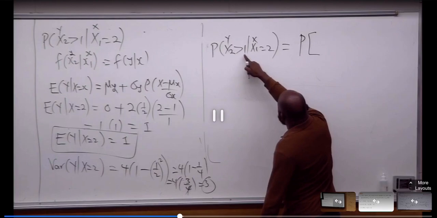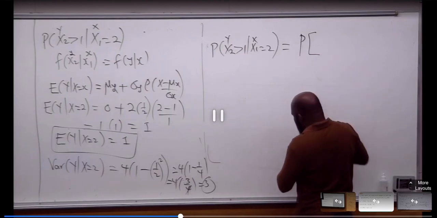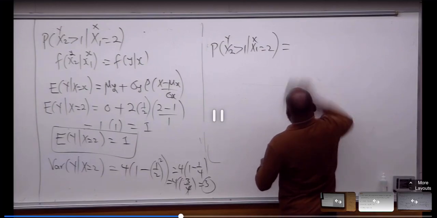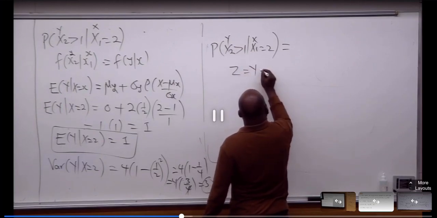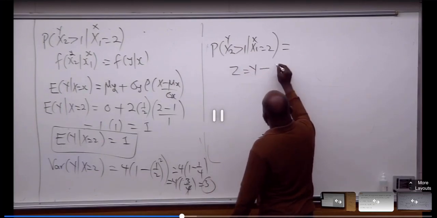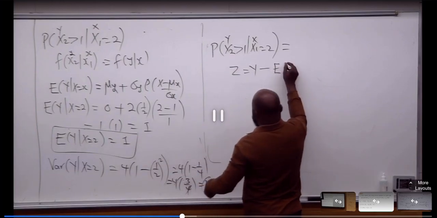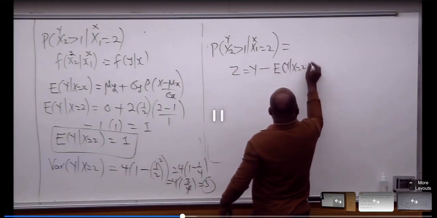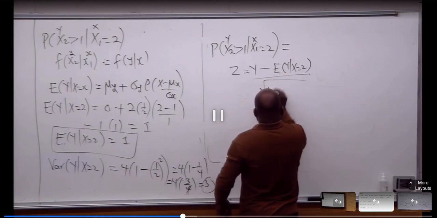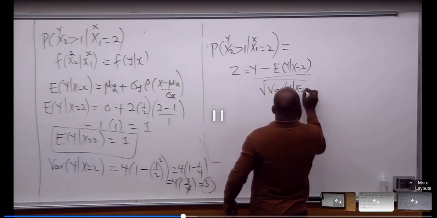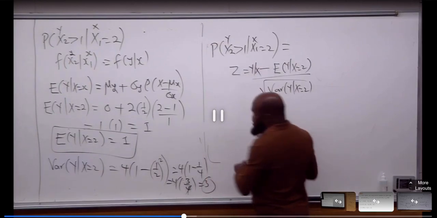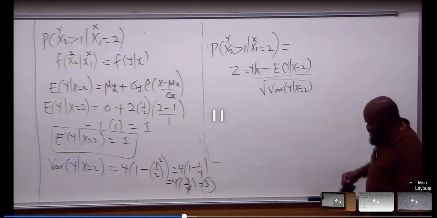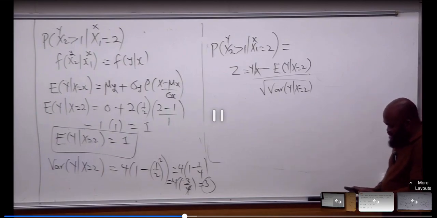So if you take a look at what I have here, I first need to find my z-score, which is y minus the mean of y divided by the standard deviation of y given this. This is just going to be y given s. Look at my z, y given s equal to that.